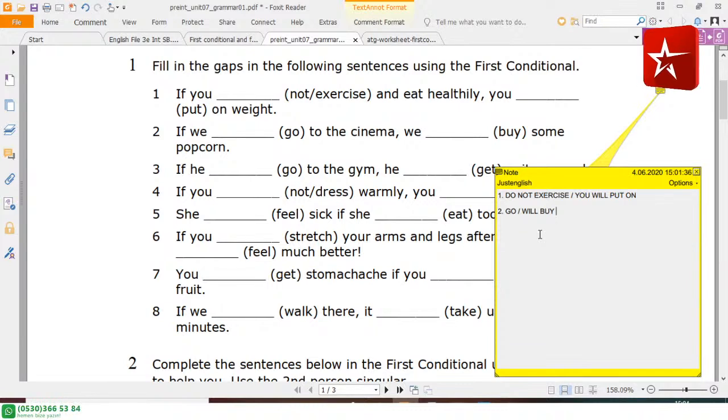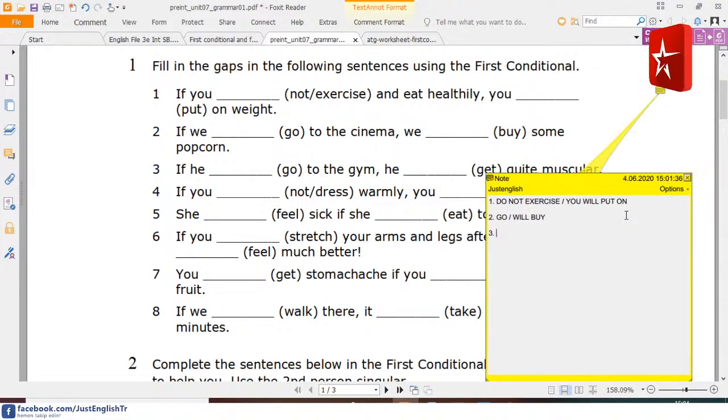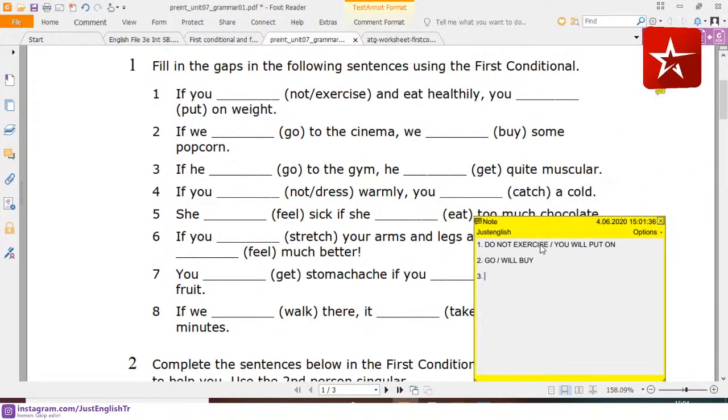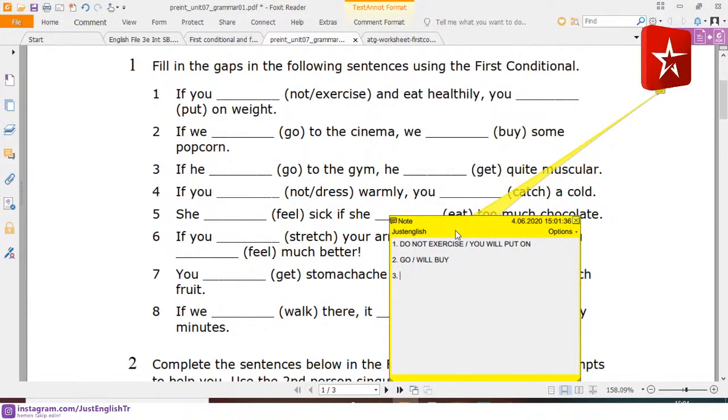And let's continue with number 3. Number 3, if he blah blah blah to the gym, he blah blah blah. Okay, let me make it smaller to show you number 3.